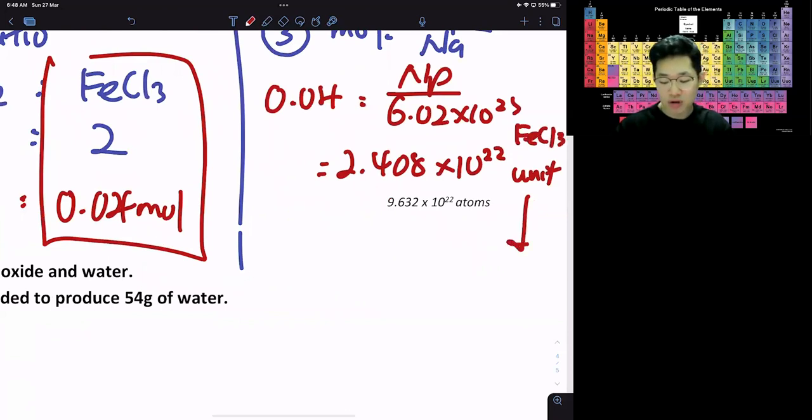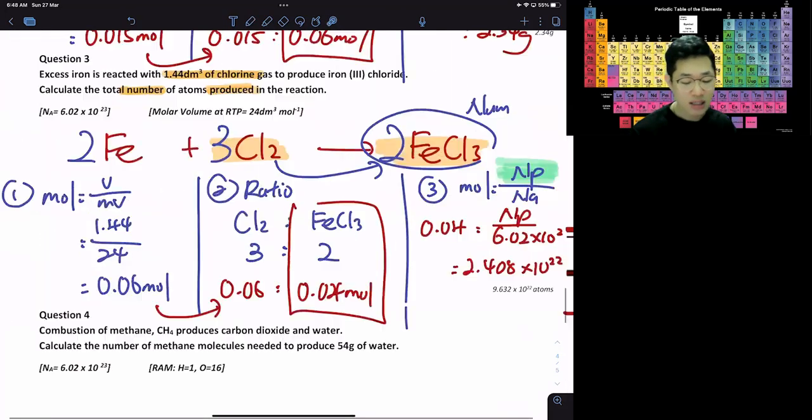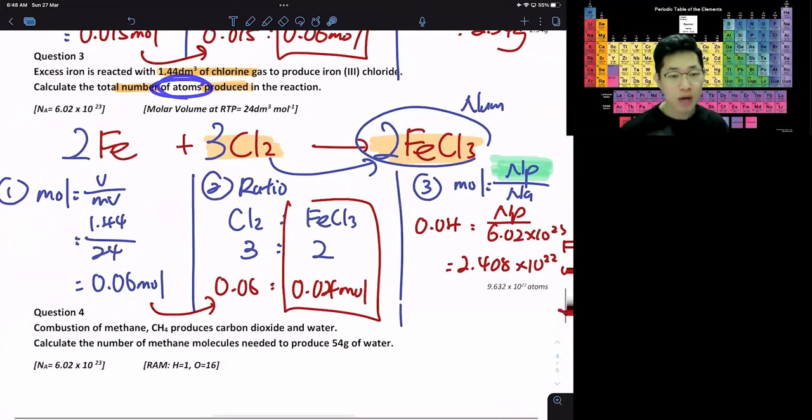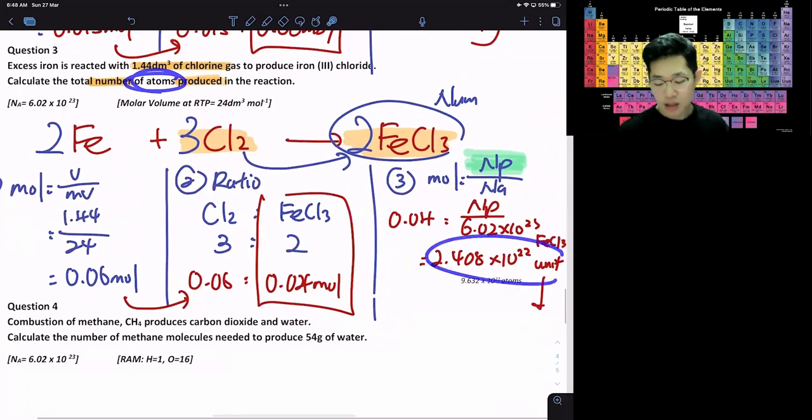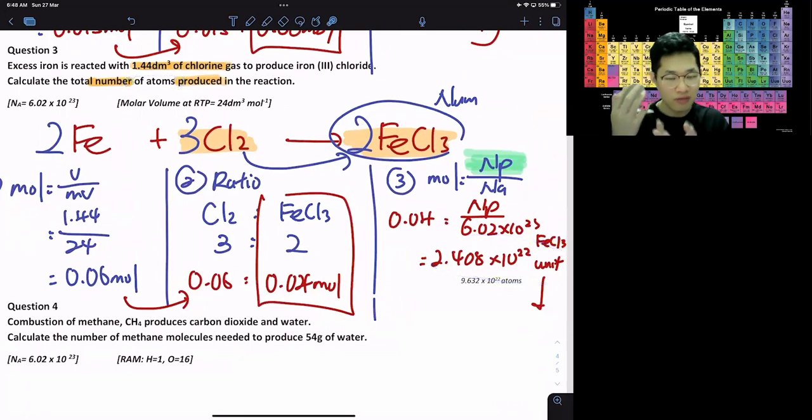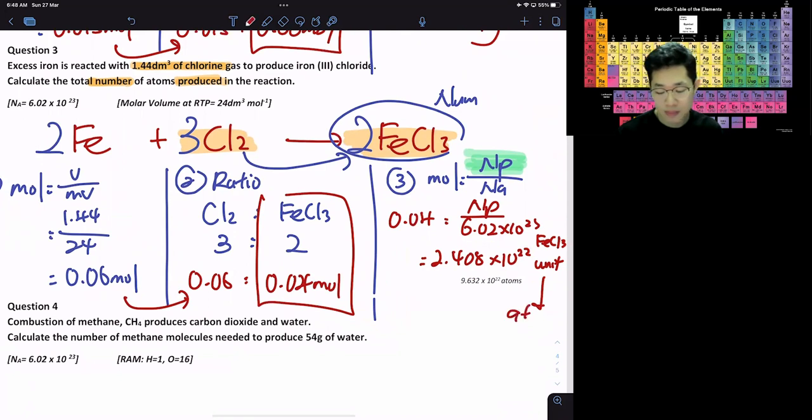I want to find what? The question wants me to find atom. So I can see that the unit for my final answer is different from what the question wants. So that means this is not the final answer yet. I have to convert it further into atoms. How? Bigger to smaller unit, we will always times. Like kg to gram, we will times.